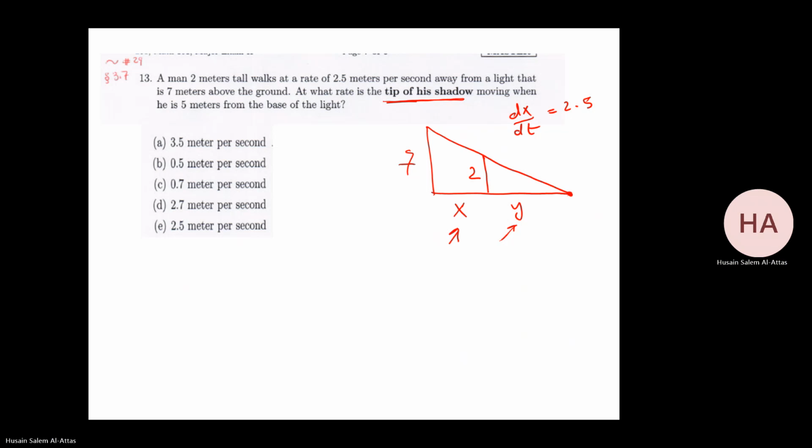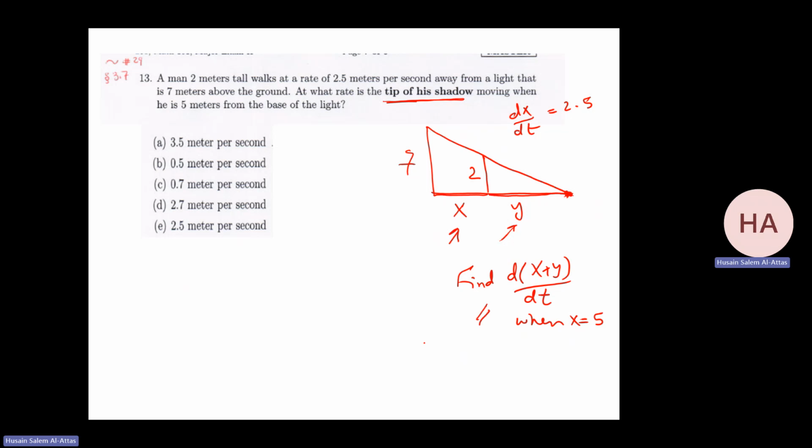We need to find d of x plus y over dt when he is 5 meters from the base, so when x equals 5. As he is moving, this will change, and it will be affected by both x and y.